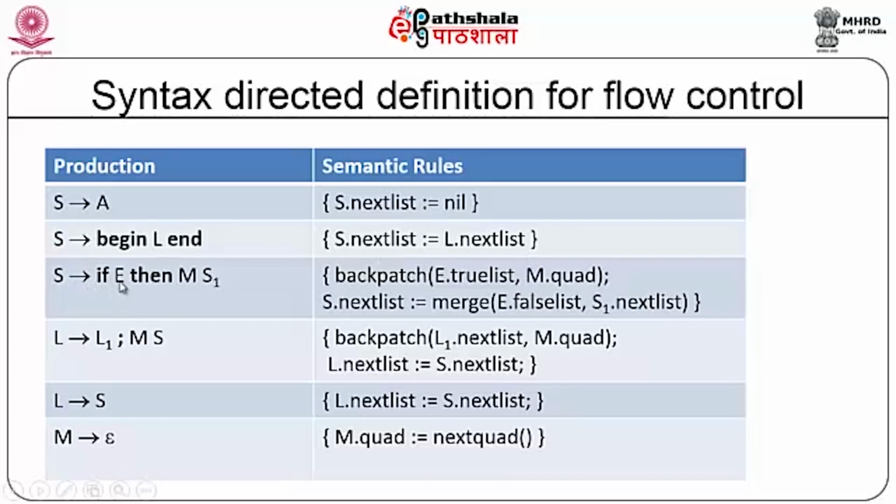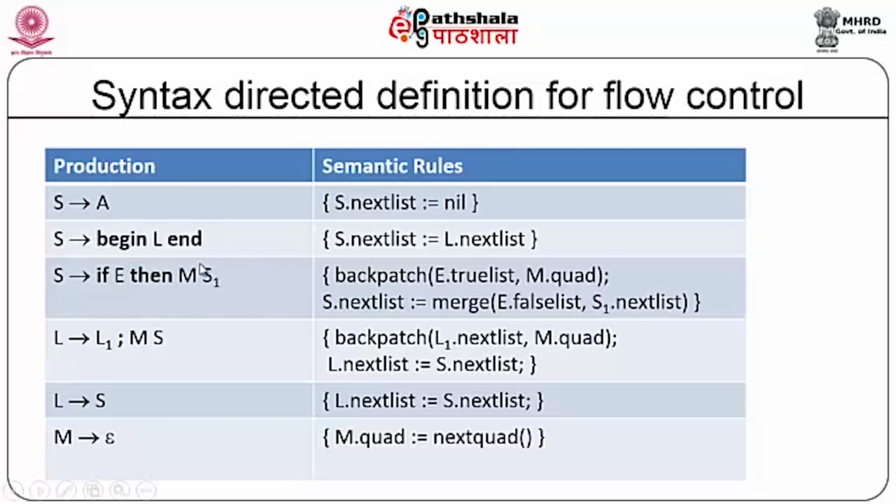Now, if it is if expression then M S1, again M is used to get the next quad information, the next line number information. What will I do? Again, this is similar to the previous one. You backpatch the true list with M dot quad, and S dot next list will be the merging of this false list along with S1's next list.